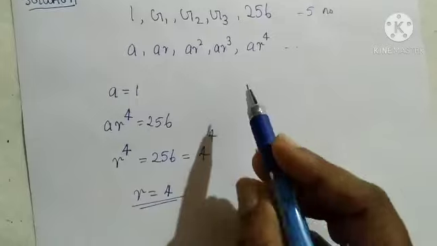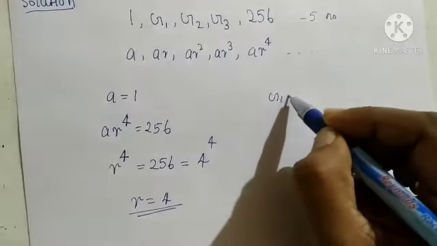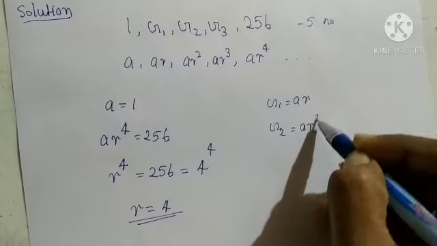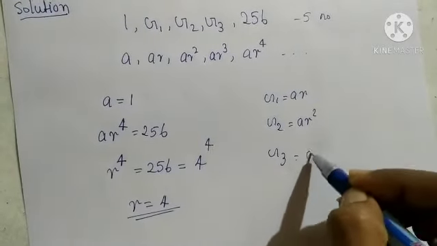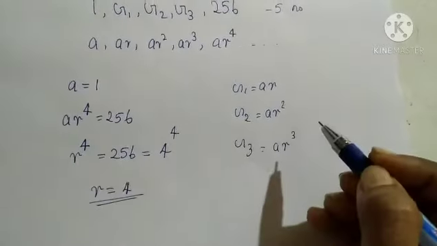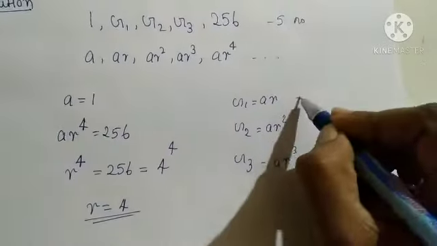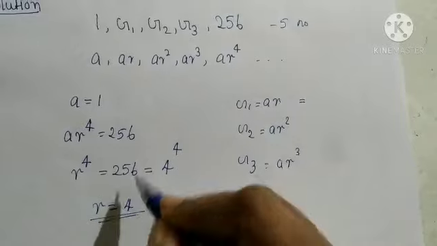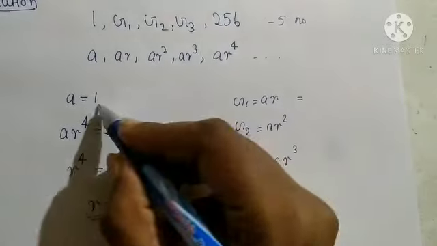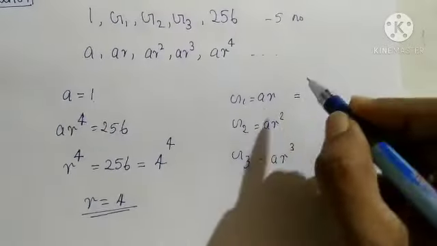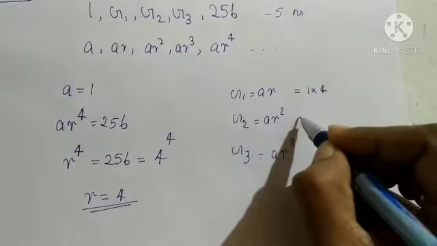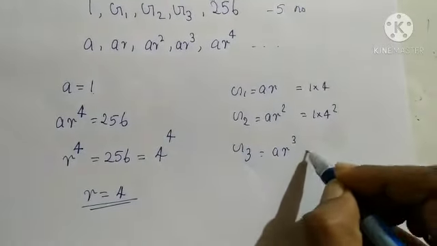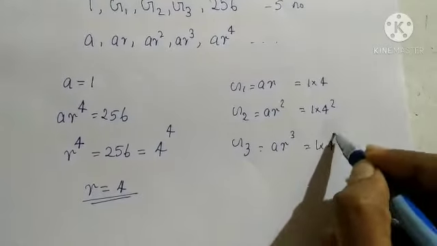Inserted numbers. So here G1 is equal to ar, G2 is equal to ar squared, G3 equal to ar cubed. Okay. So here the second term is ar. So substituting the values of a and r here, we get 1 into 4, G2 is 1 into 4 squared, G3 is 1 into 4 cubed.